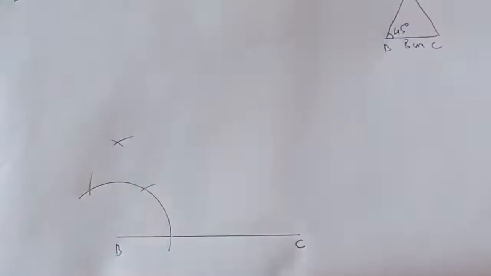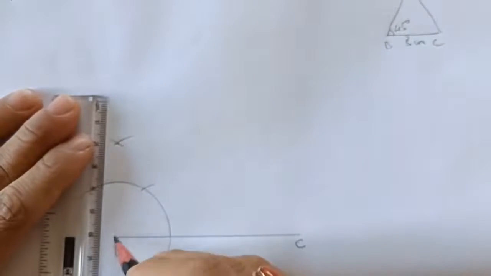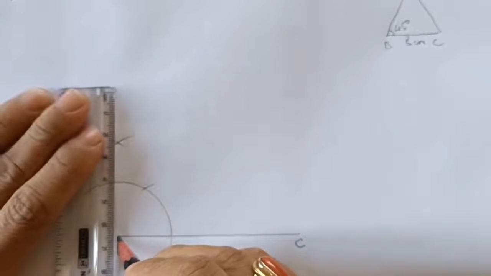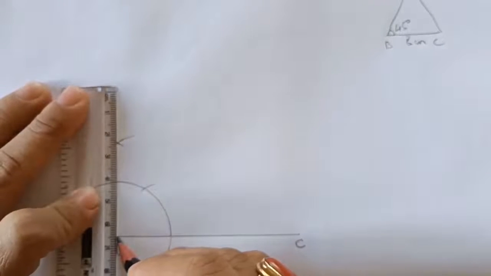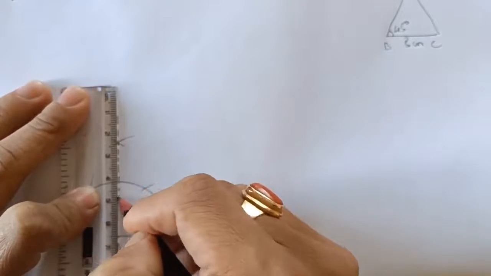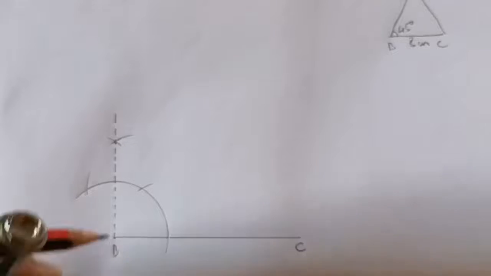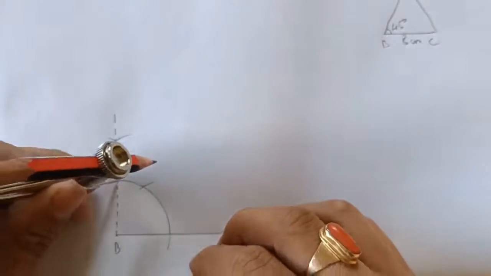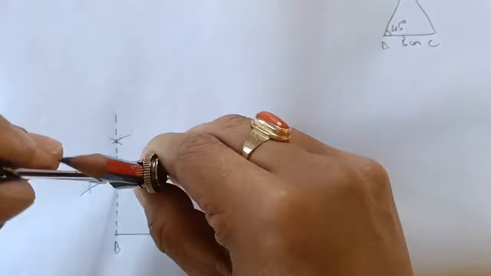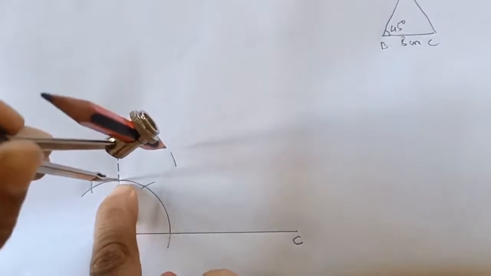Now let us join this intersecting point with the vertex B with a dotted line, and again let us bisect this 90 degree angle so that the resultant angle will be 45 degrees. To bisect this angle, let me draw an arc like this with center at this point.